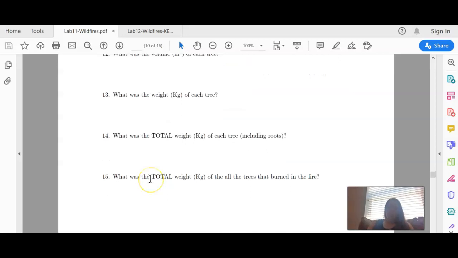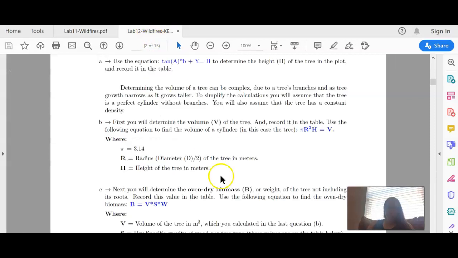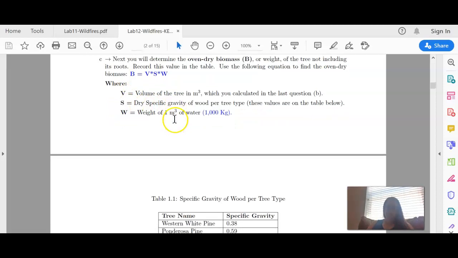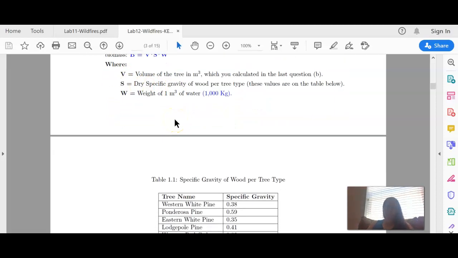Question 13. What was the weight in kilograms of each tree? Okay, so the weight we also find using these equations. So remember that the weight is determined by this B value that we had as the oven dry biomass. And that value was obtained using the volume that we just found and the specific gravity, which depends on each type of tree.